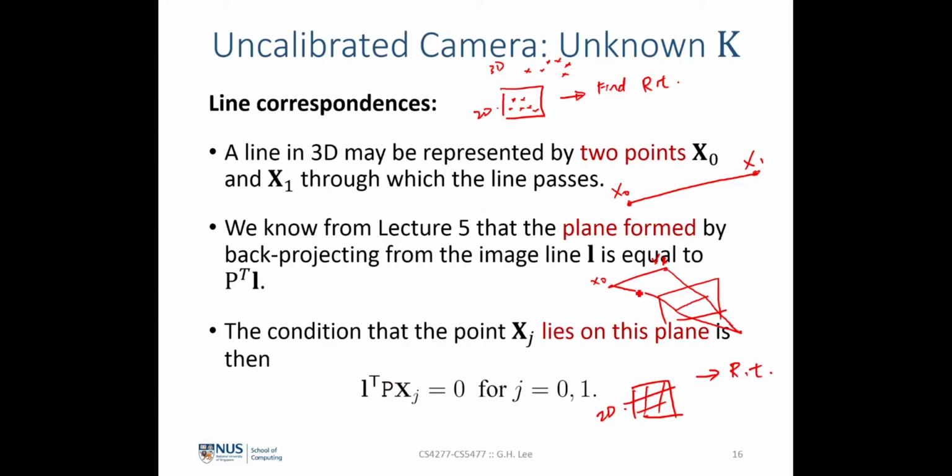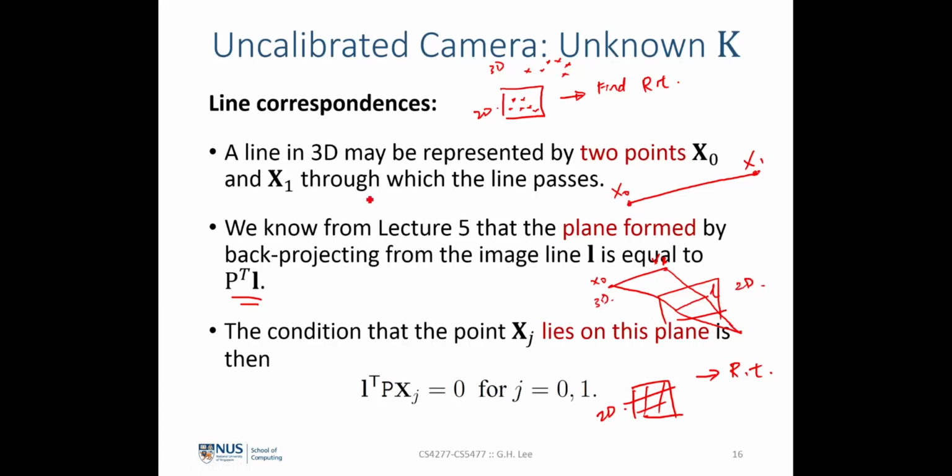So this is the plane that is in the 3D space. And we also know from lecture 5 that this back projected plane can be represented by the equation of P transpose L over here, where L is the image line, or the image projection of this 3D line. So this is the 2D line correspondence that we have over here.